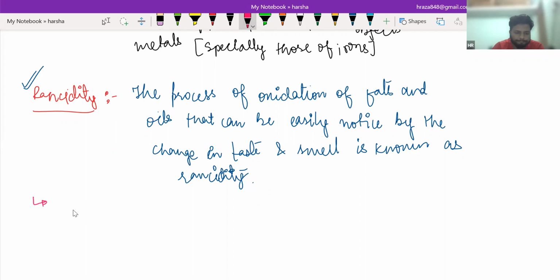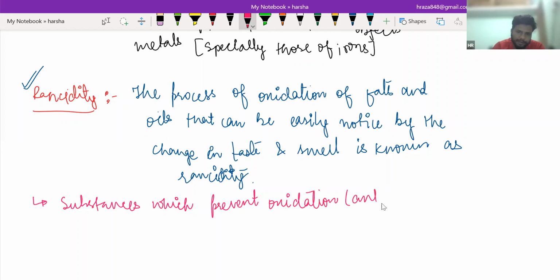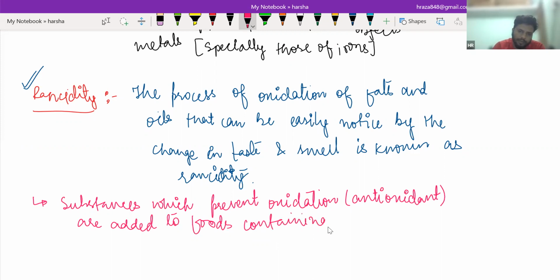So I'm going to write: substances which prevent oxidation, commonly called antioxidants, are added to foods containing fats and oils, because it is only food containing fats and oils that will oxidize.